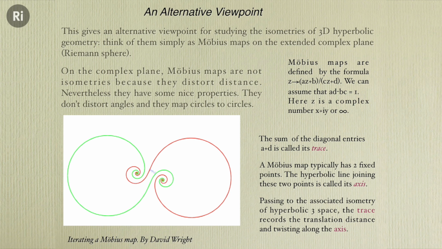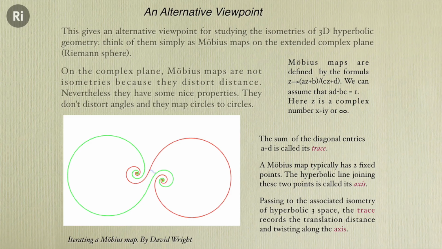So it's a piece of circle orthogonal to my boundary sphere. And this transformation is pushing along this axis and twisting as it goes. So it pushes along, and you see the twisting in the spiraling. So that's what one of these mappings does.